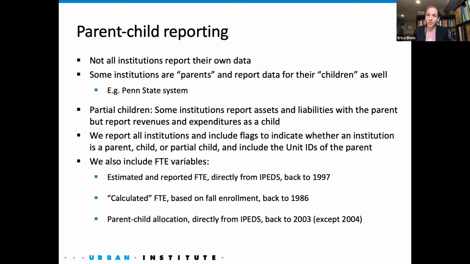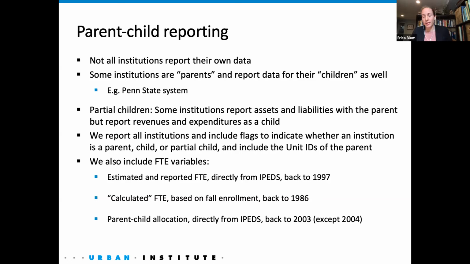And then the other campuses, the children, don't report any data. Penn State does this, for example, where they report all the data together. You may also have partial children where the parent will report the financial position information, the assets and liabilities, whereas the revenues and expenditures get reported separately for each child institution.